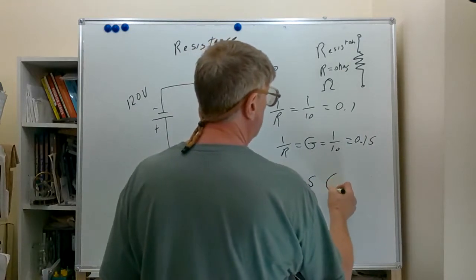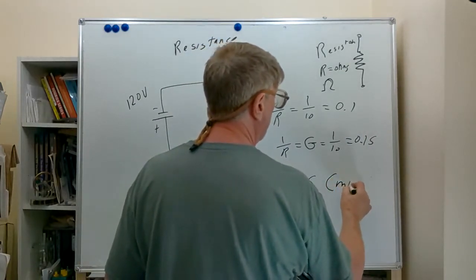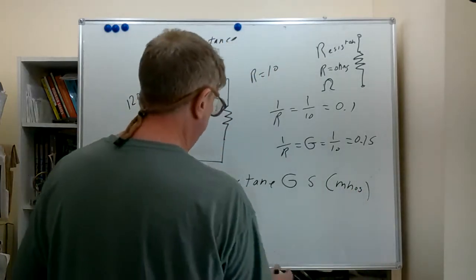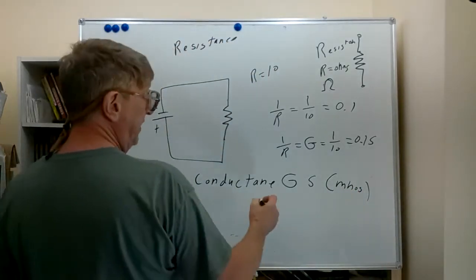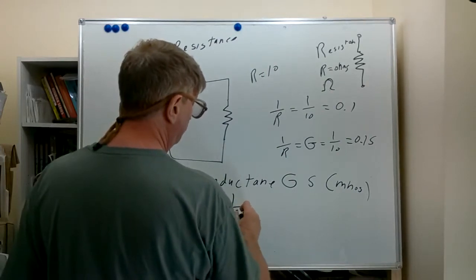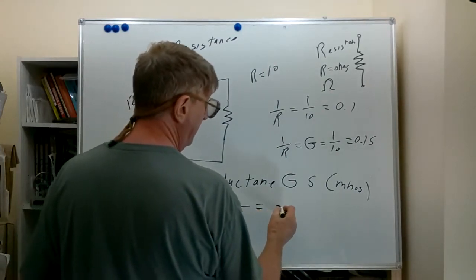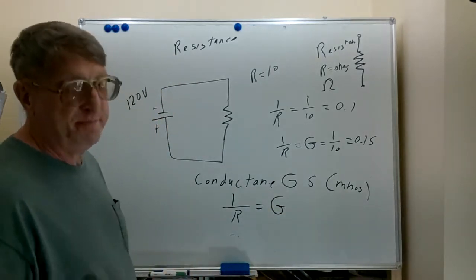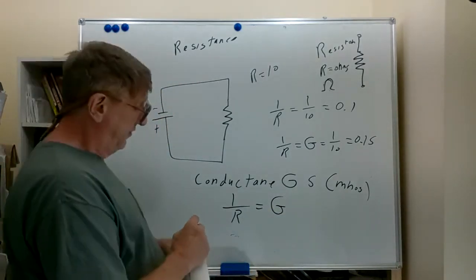The older term was mhos, which is just ohm spelled backwards. And it's 1 over R equals G. So it's basically the mathematical reciprocal of the resistance.